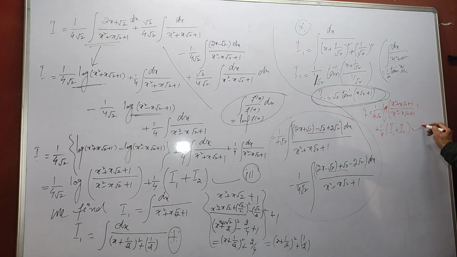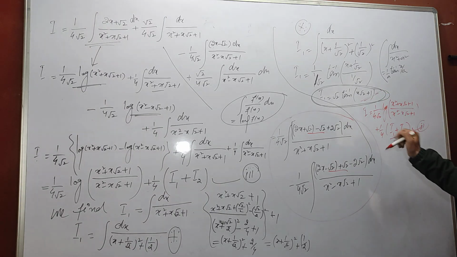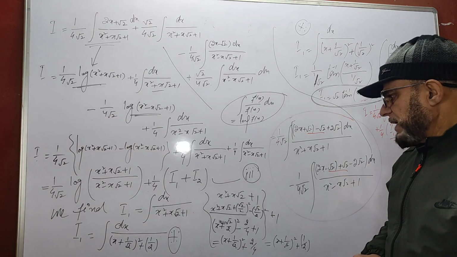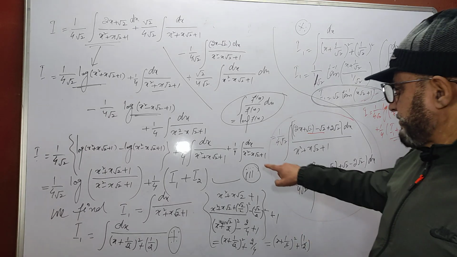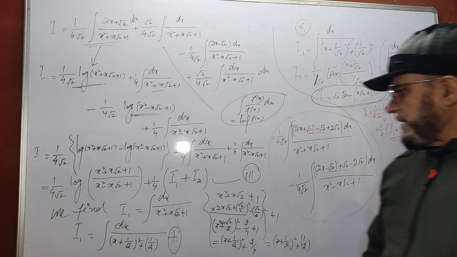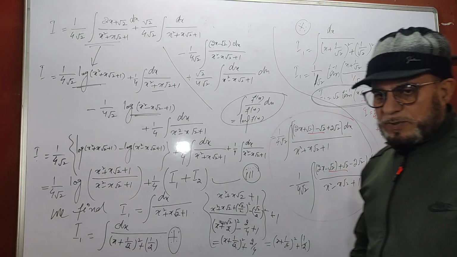This is my equation number 3 again. I1 I have found. Now I have to find out I2. My I2 is here, this one, dx by x square minus x root 2 plus 1. This is my I2. Just look. Wait a bit.